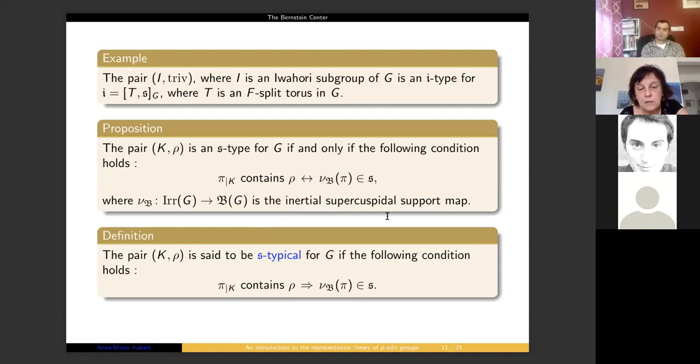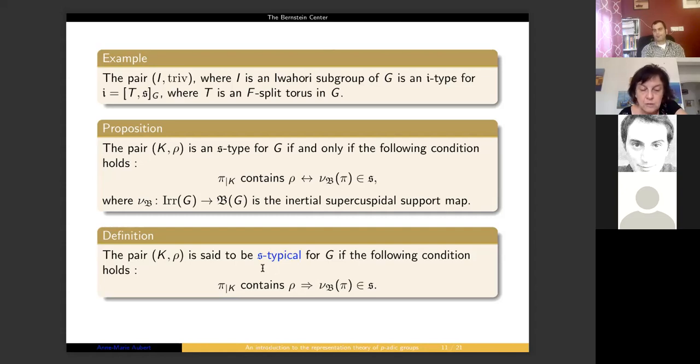And in fact, in many cases, this characterization is useful. It's possible to consider some weaker notion, which is something like a type, and it is a notion of typical representation.